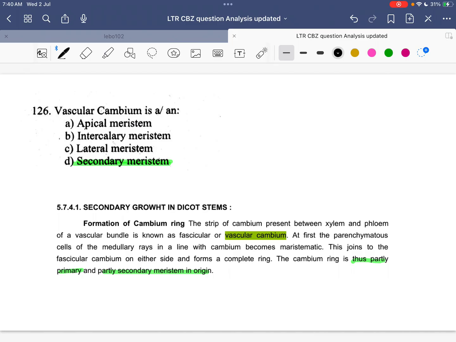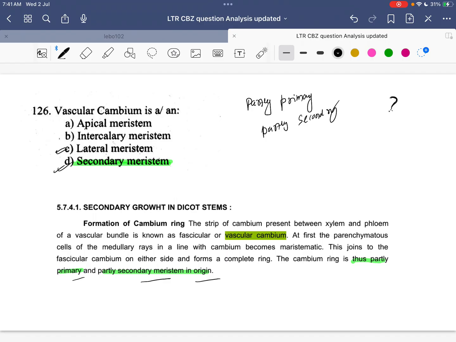Vascular cambium is what? I have a doubt in this question. The answer given is lateral meristem, which is a secondary meristem. Here it is mentioned that the cambium ring is thus partly primary, partly secondary meristem in origin, but generally lateral meristem.